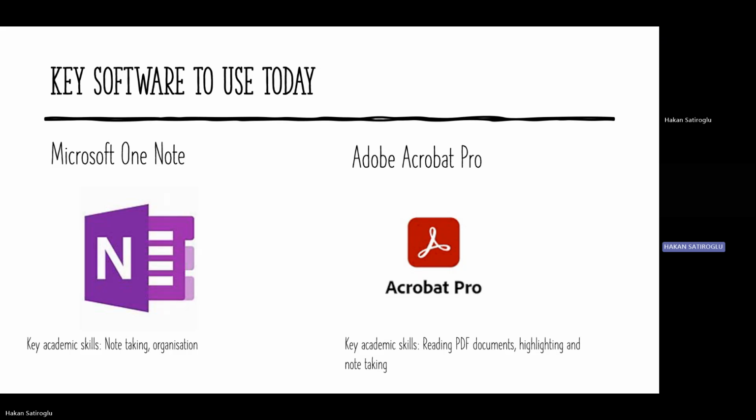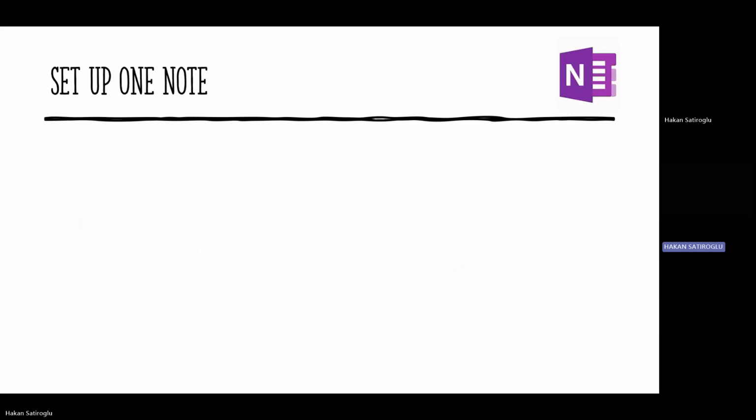Some initial points given to us today: the key software to use today is Microsoft OneNote and Adobe Acrobat. These are the key academic skill tools you can use when you are taking notes and when you are reading documents; in both of them you can take notes.